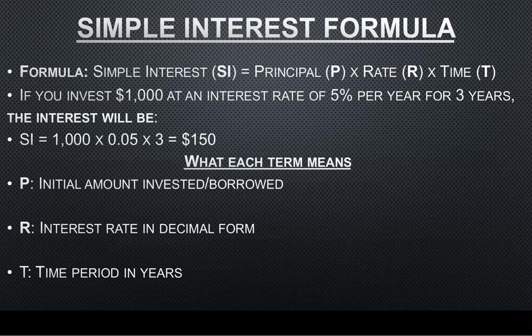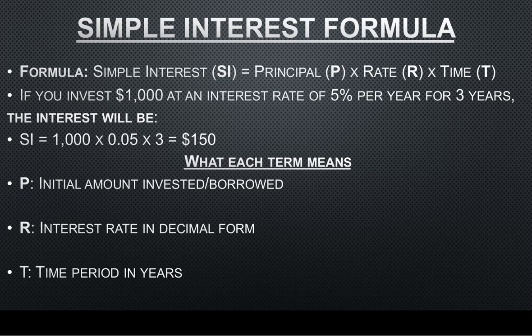Now let's see how you calculate the interest rate. We are starting with simple interest. The formula for simple interest is principal times the rate multiplied by the time. The principal is the initial amount that you invested or borrowed.